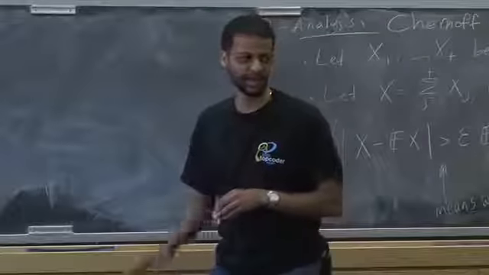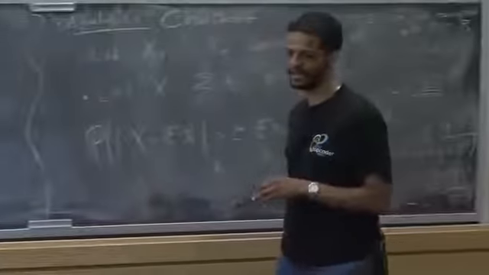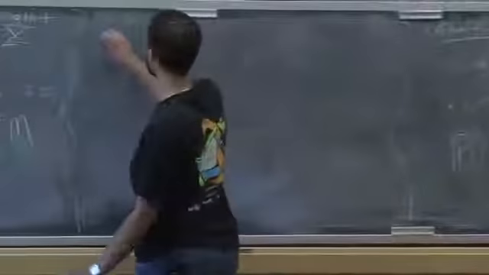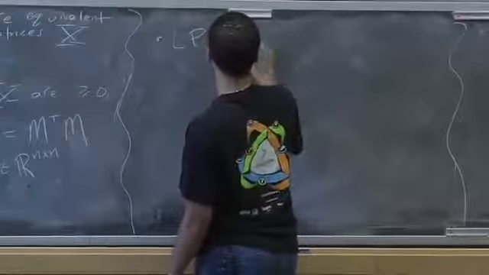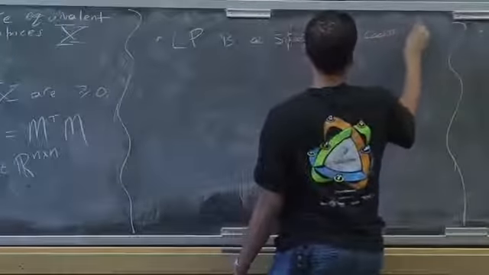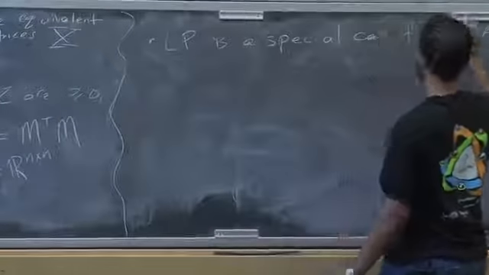I don't want to get too much into the theory of how to solve them, but I want to say just a couple things about them. So LP, linear programming, is a special case of SDP. Does anyone see why?